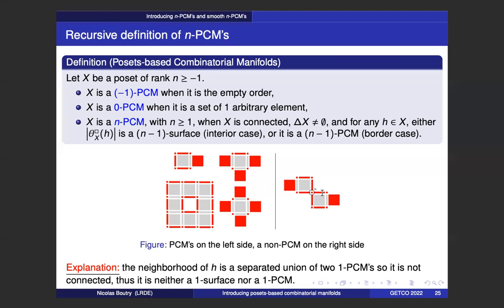So the neighborhood is not connected, so it is neither a PCM nor a discrete surface. So you cannot have this configuration, which means that we have a kind of regularity in the discrete sense in this structure, which is very important and which allows us to define the tree of shapes on it, in a coherent space.